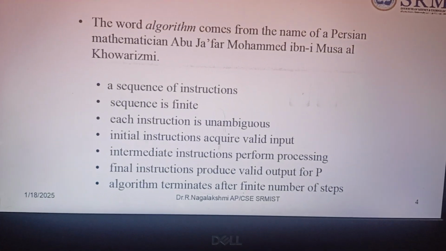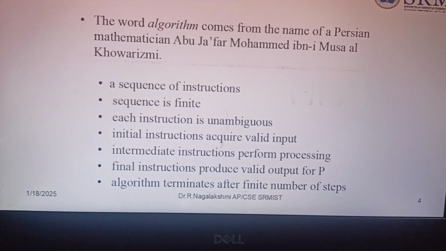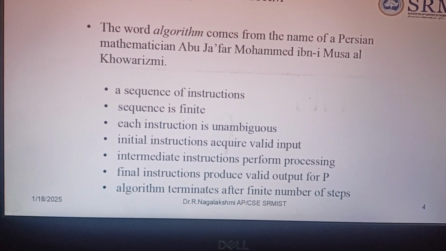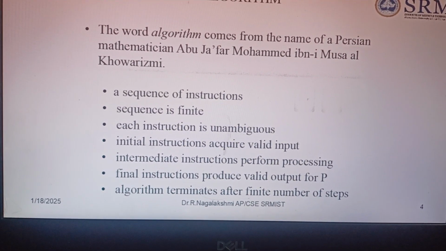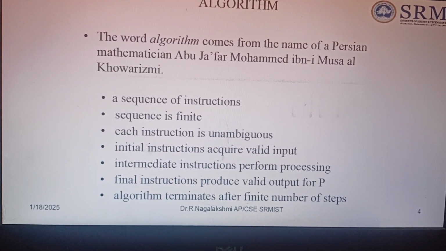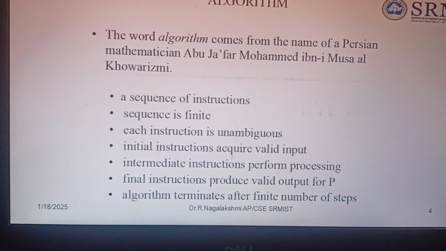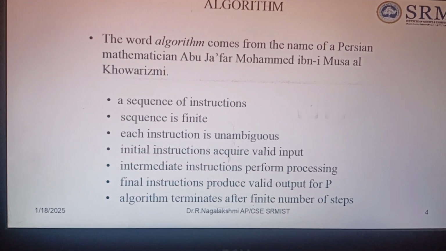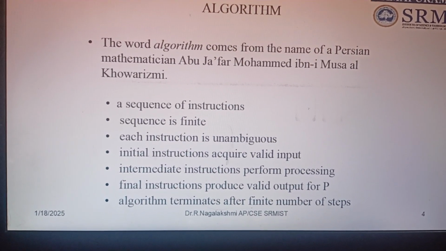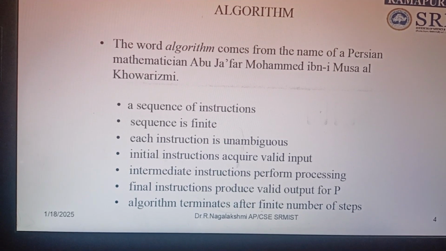Basically, the word algorithm is derived from the mathematician and scientist Abu Ja'far Muhammad ibn Musa al-Khwarizmi. He is saying that it is a set of instructions. The instruction sequence should be clear and finite.